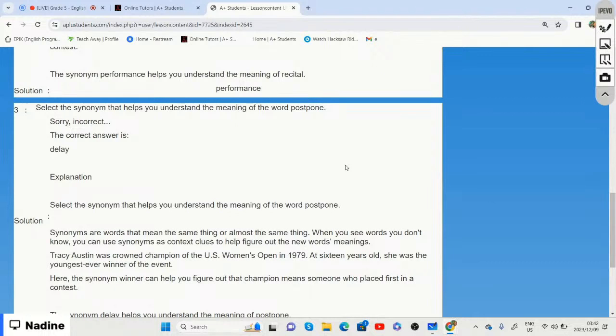You can postpone it for a day, for a few hours, 2 days, depending. Sometimes people postpone their birthday parties, and sometimes it's a delay because of finances or because of the number of people who won't be able to make it. So it's basically a delay in when something is going to happen. And that is what postponing means.